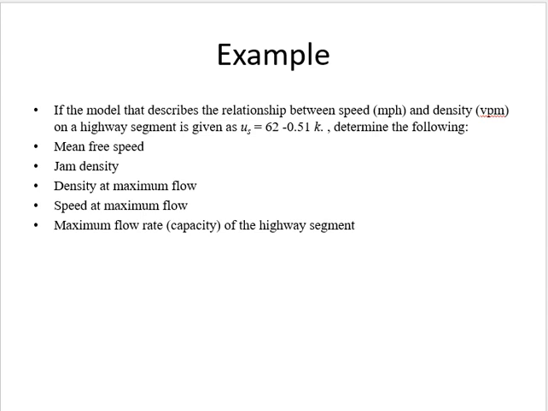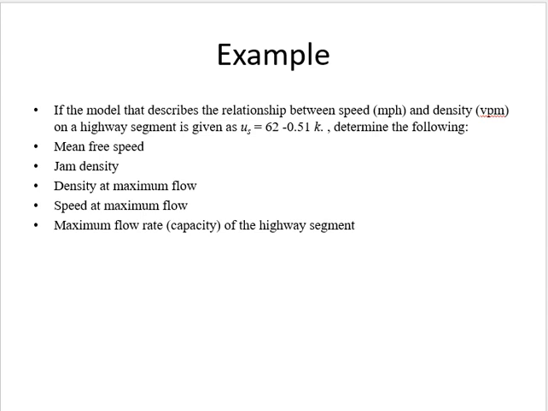Then we need jam density. Where was jam density here? The equation was US equals UF, and this was the equation, right? So where is jam density? Kj. Now how do I find Kj?